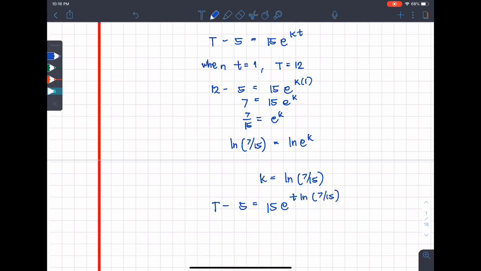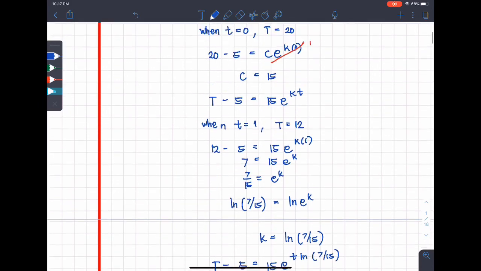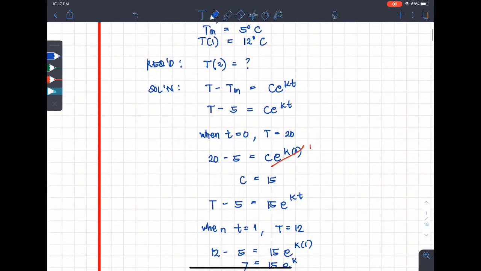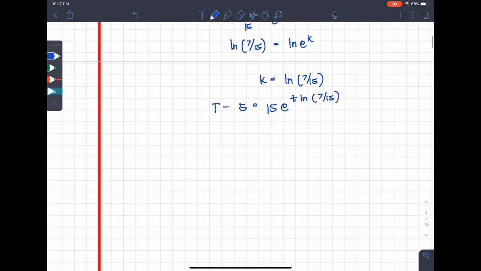So giving us our working equation: the temperature of the body minus 5 equals 15 e raised to t times ln of 7 over 15. Since we already have our working equation, we can now find what is required, and that is the temperature of the thermometer after 2 minutes.